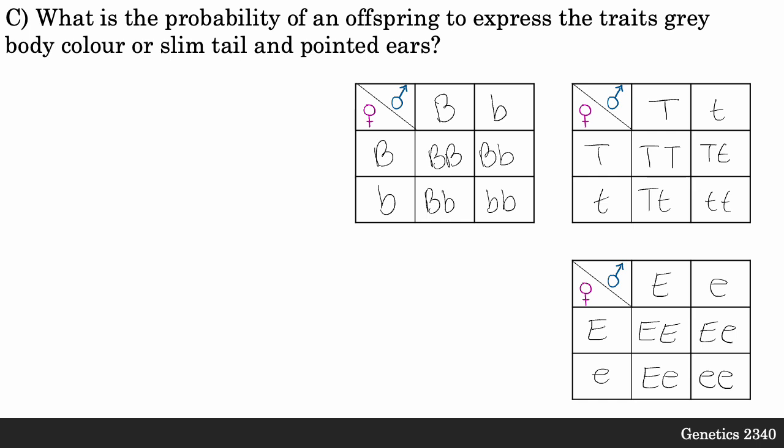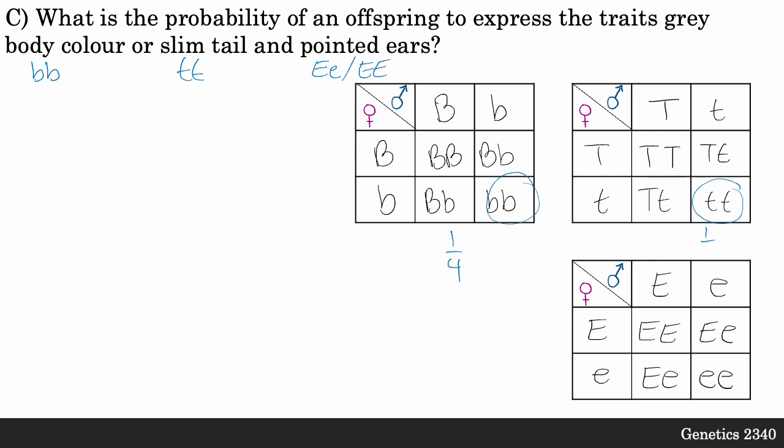Part C, what is the probability of an offspring to express the traits gray body color or slim tail and pointed ears? We use both of the keywords here, and or, so we will use both the multiplication and the sum rule here. Gray body color is small b, slim tail is small t, and then pointed ears are big E, big E, small e, big E. So for B, it'll be 1/4.